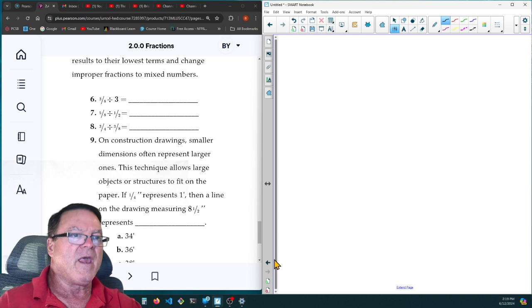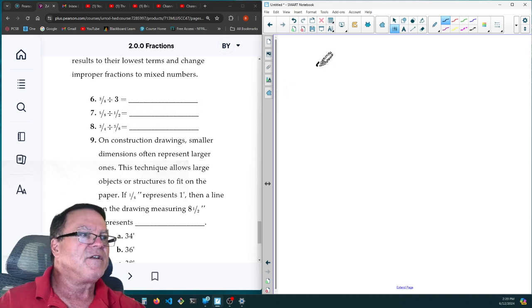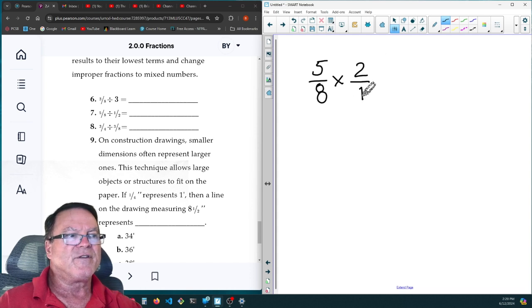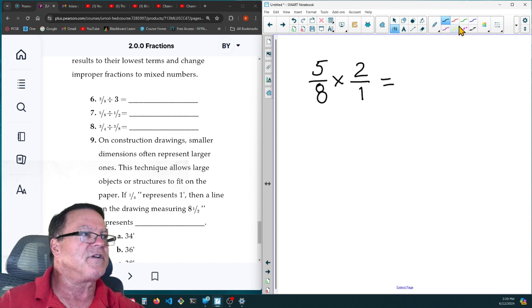Okay. Here, 5/8 divided by 1/2. So we have 5 over 8 times 2 over 1. There again, we're going to invert and multiply. Invert the 1/2 and change your sign to multiplication.